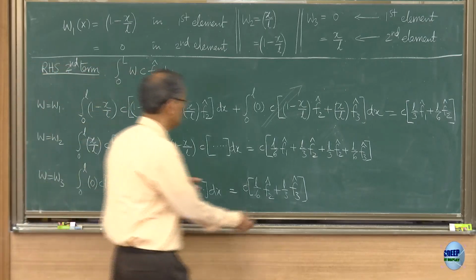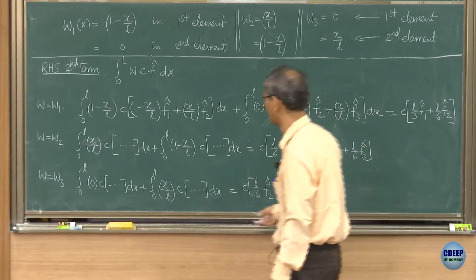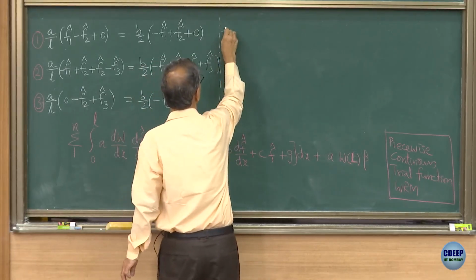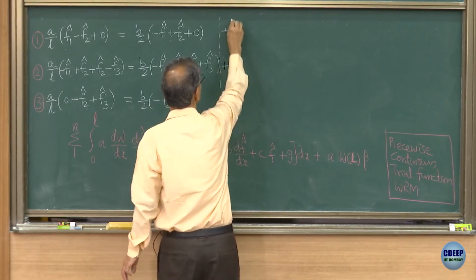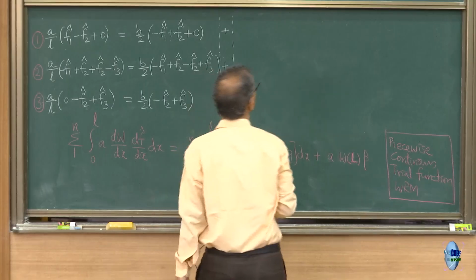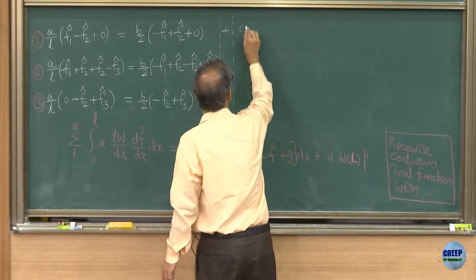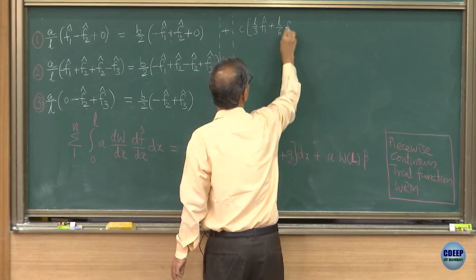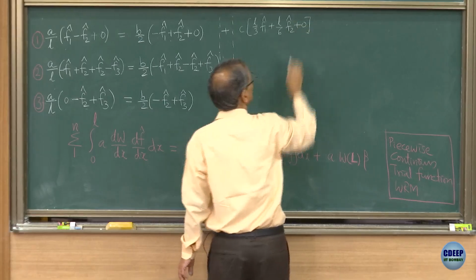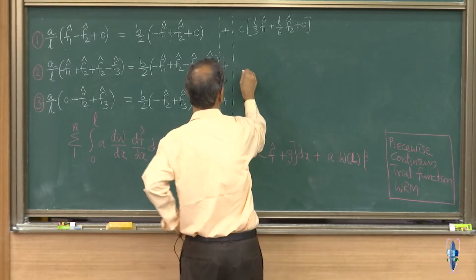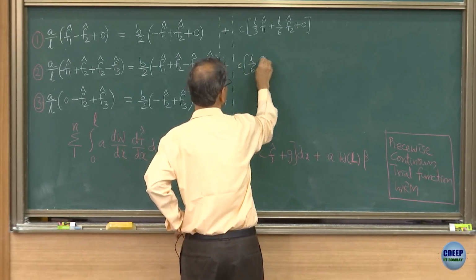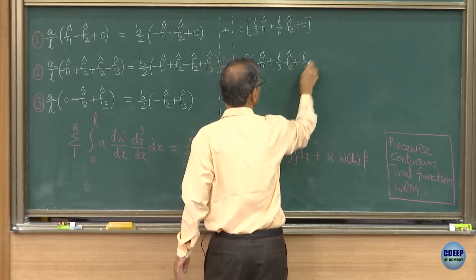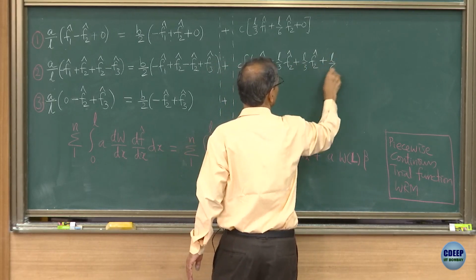Okay, so I am going to now capture these three right hand sides onto that equation that we have got. So this is 1 plus plus plus. What did we get? C times, first was C times L by 3 F1 hat plus L by 6 F2 hat plus 0. This is C times L by 6 F1 hat plus L by 3 F2 hat plus L by 3 F2 hat plus L by 6 F3 hat.